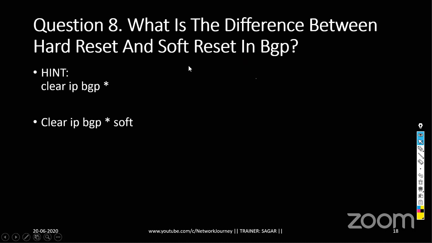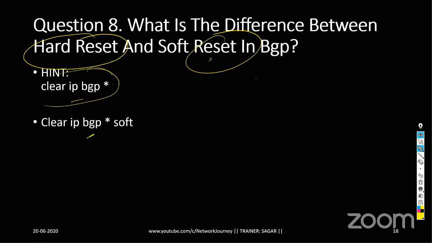What is the difference between hard reset and soft reset? Now, this is a question to you guys. Hard reset and soft reset, and the commands are here. This is the command which we use for hard reset, and this is the command we use for soft reset. So what do you think are the differences here?